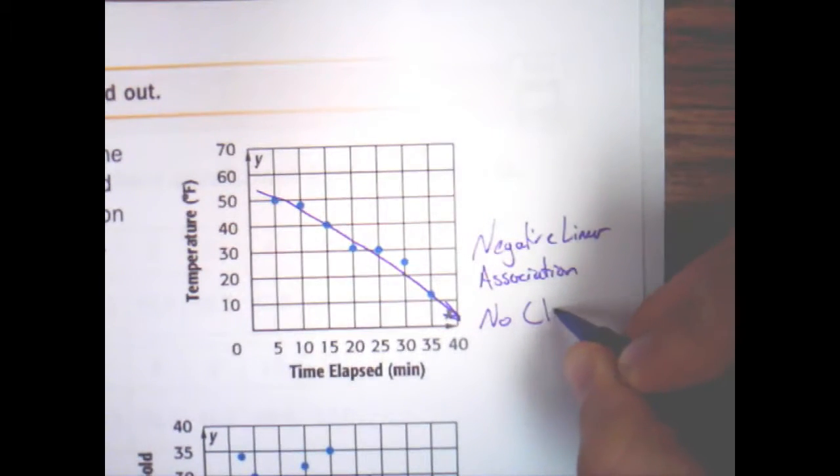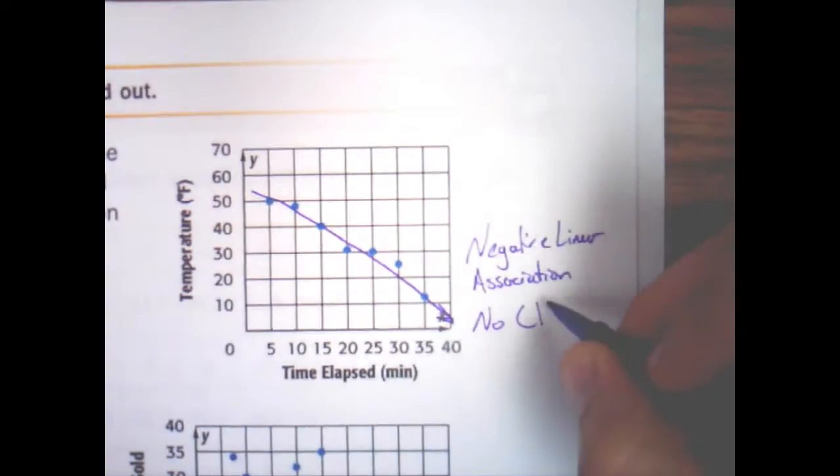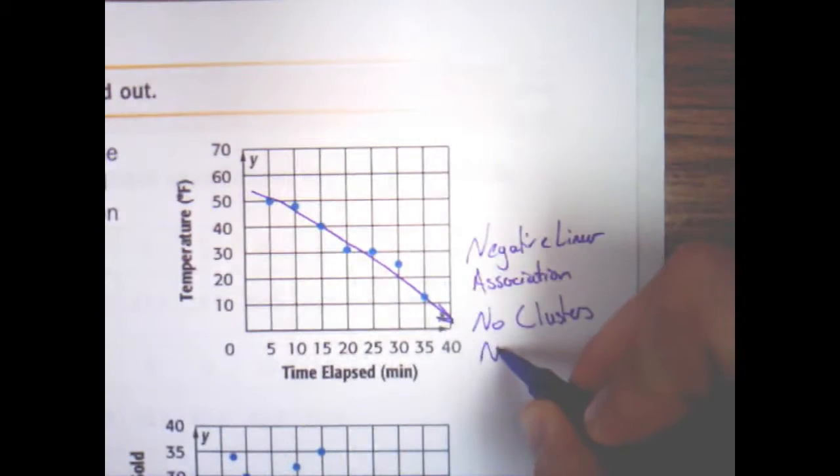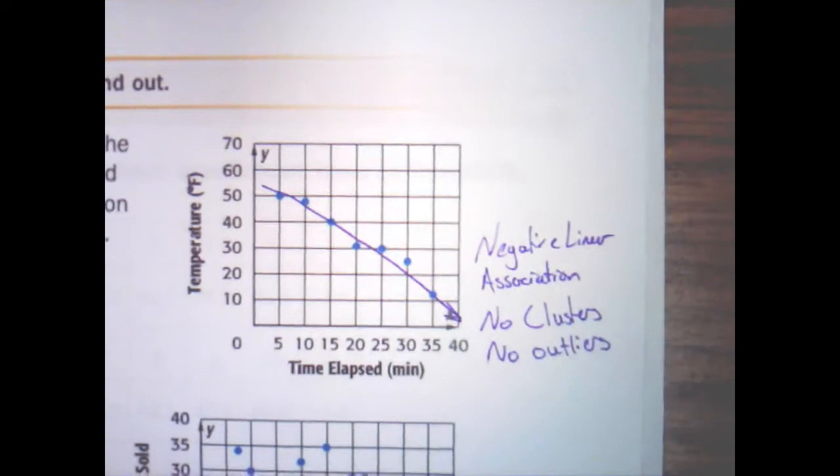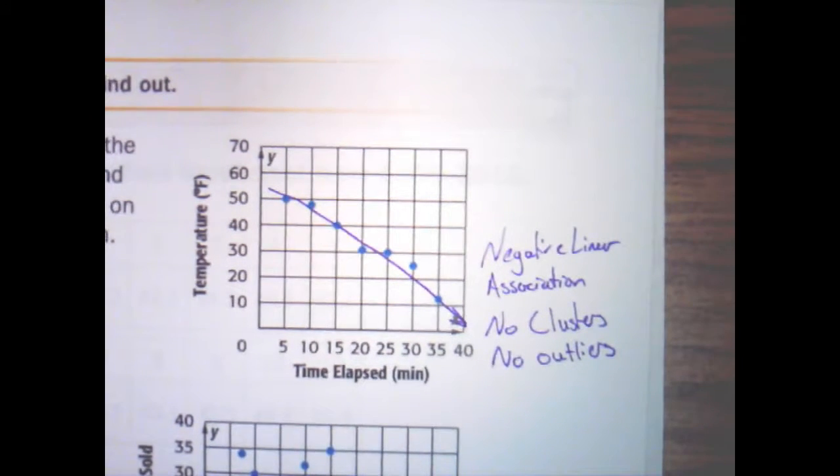So no clusters, and yes, you do have to write no clusters. And I also don't really see any outliers. So here I've addressed all of the questions necessary for interpreting a scatter plot. Negative linear association, no clusters, no outliers.